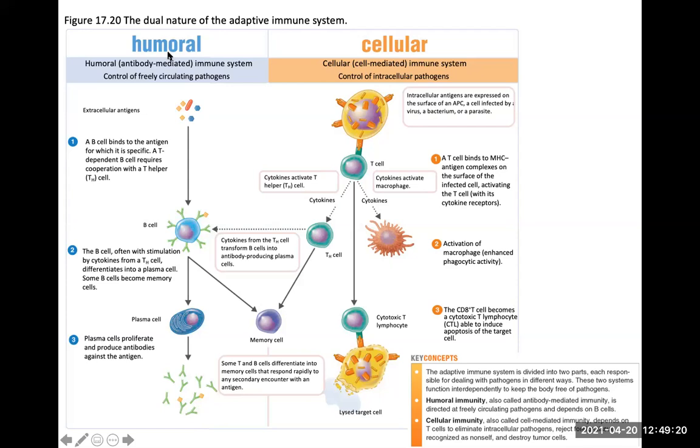We have the humoral branch. Its job is to make antibodies. And we have the cell-mediated branch, and you can think of it as to activate cytotoxic lymphocytes. Make sure you read through this in detail, that you understand it, and that you could draw this from memory.